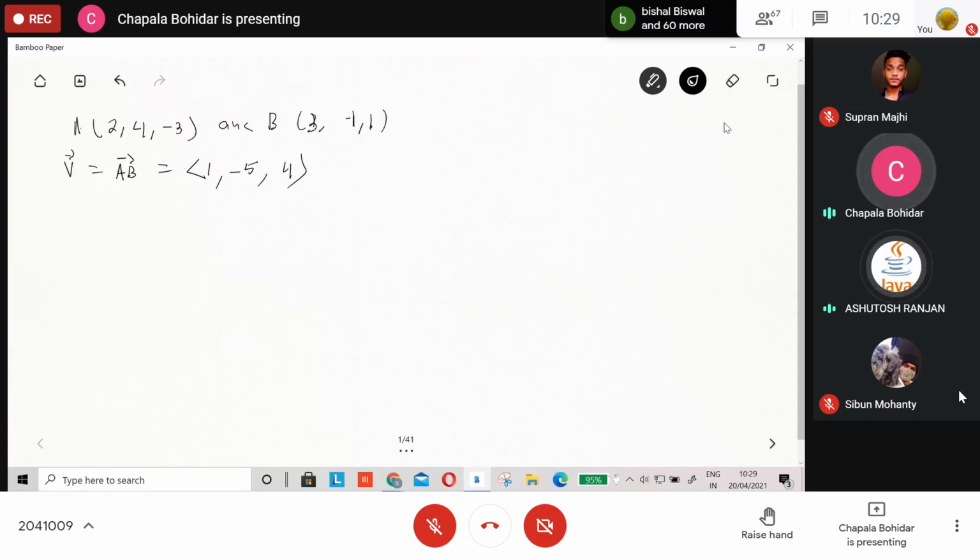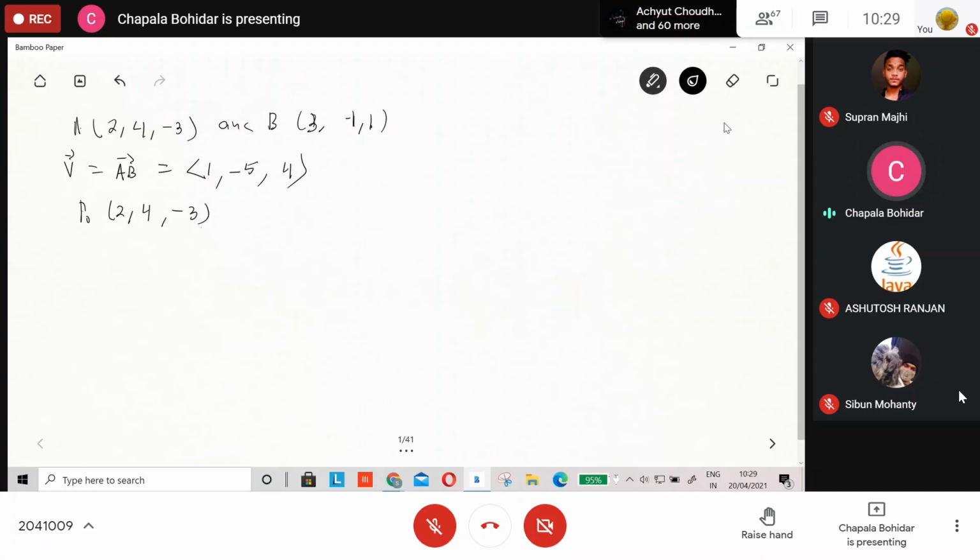All of it clear? So now we consider A as the initial point, so P0 is (2, 4, -3).